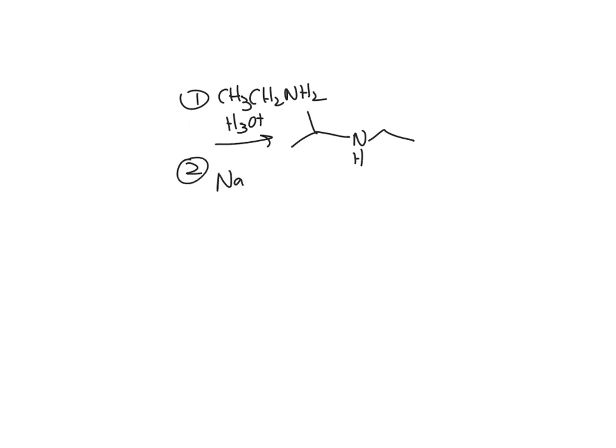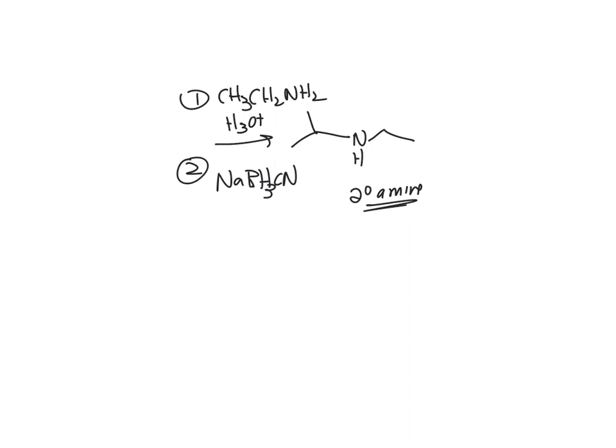Last one, predicting starting material. All right, so we have this product, and we have an amine, and I should have H3O plus on here. Make sure you do. And sodium cyanoborohydride. So this is a secondary amine.